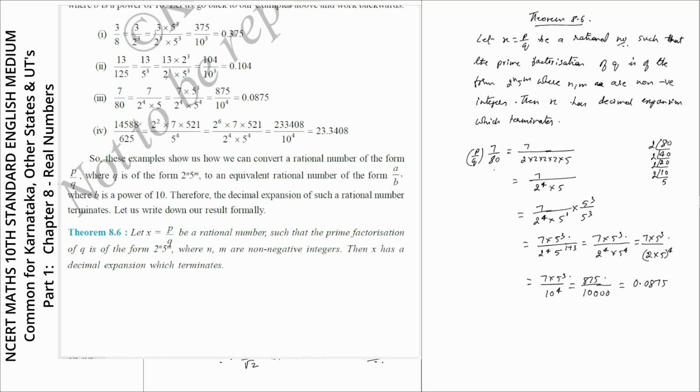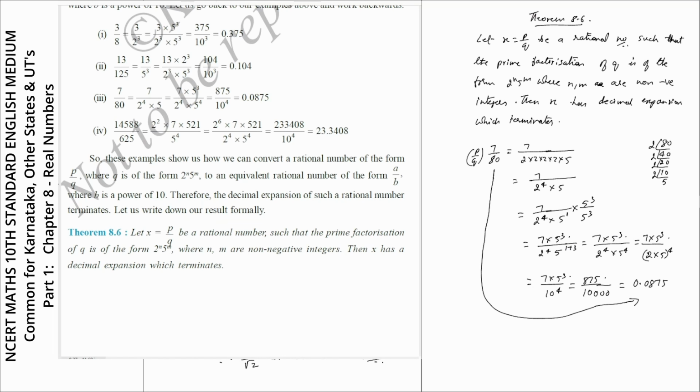So given a rational number we can express it in decimal which terminates. And what is the condition? If x is equal to p by q is a rational number such that the prime factorization of q is of the form 2 to the power of n, 5 to the power of m, where n and m are non-negative integers, then x has a decimal expansion which terminates.